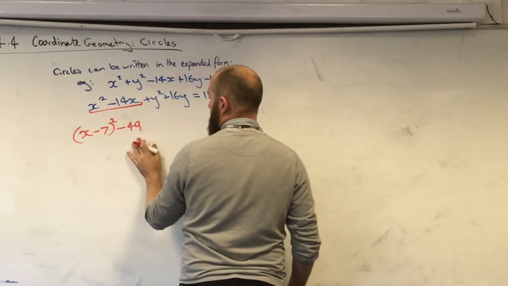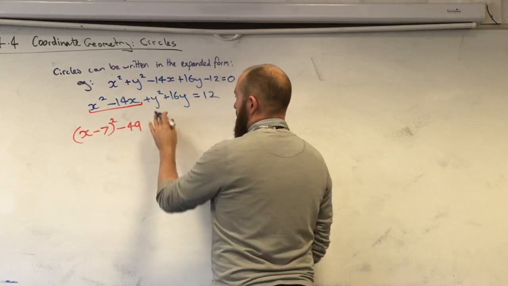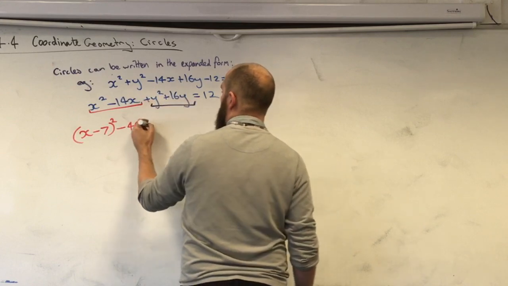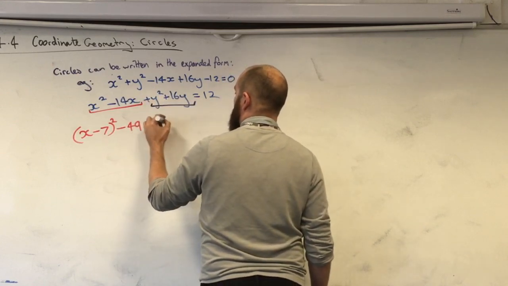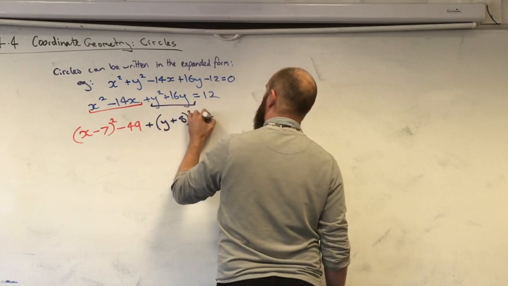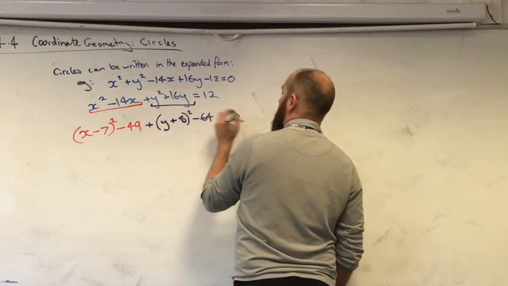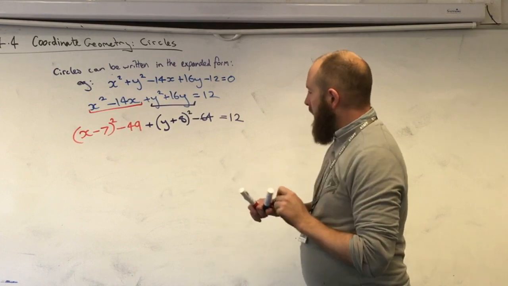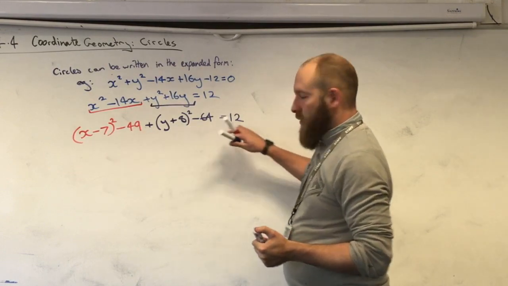So there we go, complete the square there. Now we'll complete the square on this part. And then we're going to just add these 2 onto the other side.